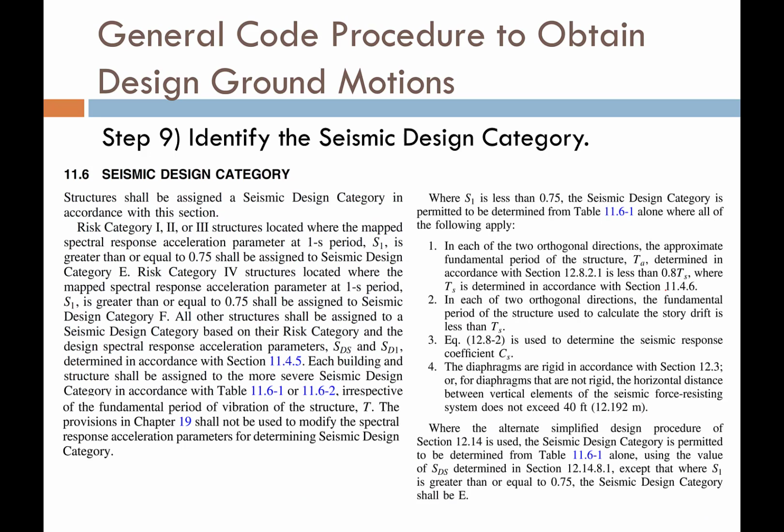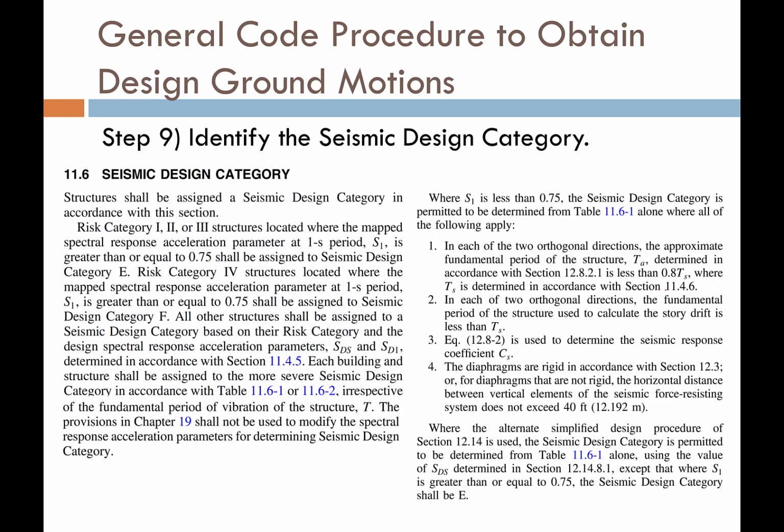Okay, once you have your occupancy or risk category, then you need to define the seismic design category, or the SDC. The seismic design category is going to be used by the structural engineer to define all of the procedures used for the seismic design of the structure. There are some instructions written here that you can read on how to determine that.